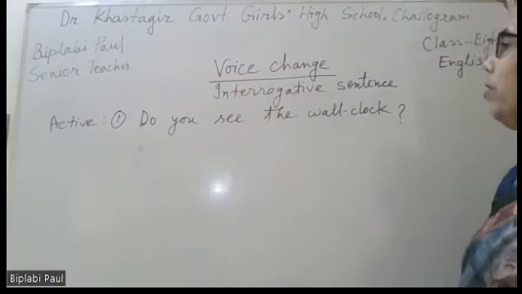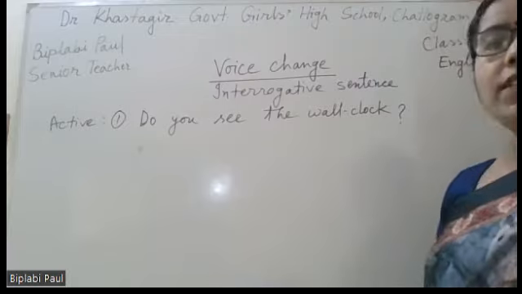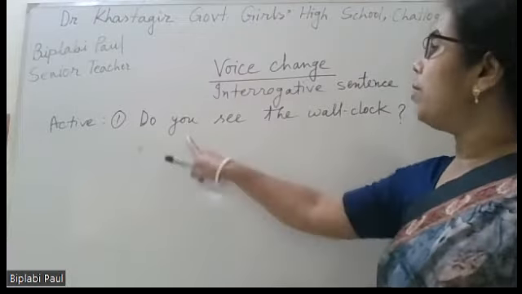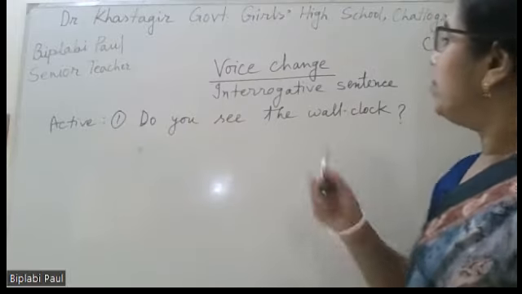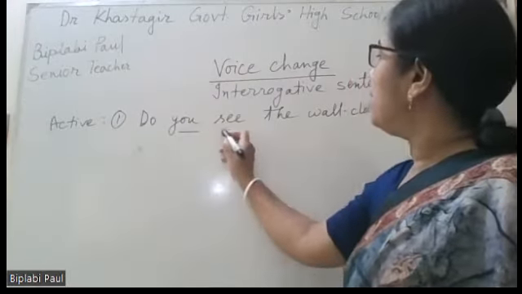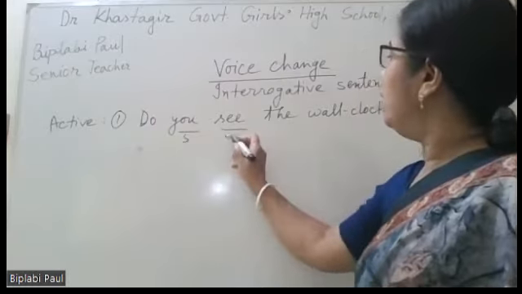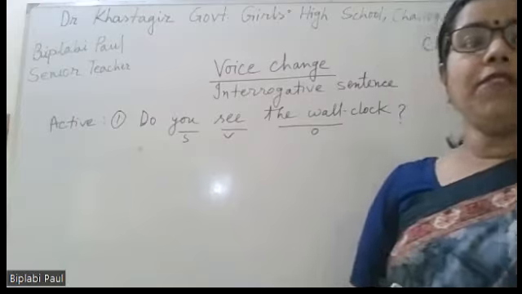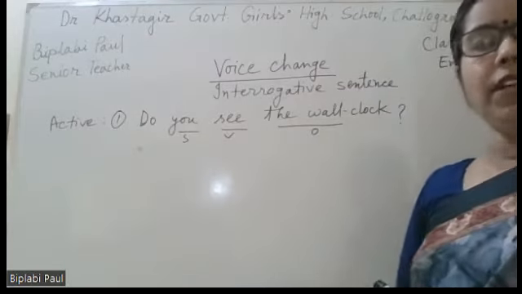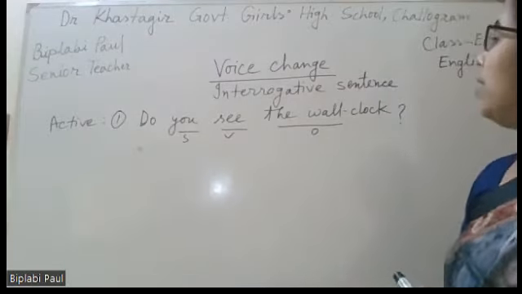Do you see the wall clock? When you change the voice of it, you have to find out the subject. Here, you is subject and see is verb. You is subject, see is verb. Then it is object. What will be the passive form of it? Can any one of you say? Yes.